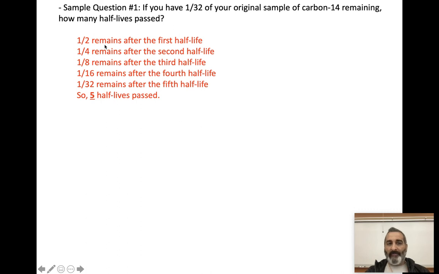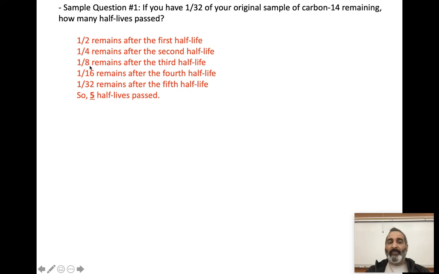After one half-life, half remains. So you start with 1, you divide it by 2, that's 1/2. That's the first half-life. Now we're not at 1/32, we're at 1/2 so far. Then you do it again. 1/2 divided by 2 again is 1/4. So 2 times 2 is 4. 1/4 remains after a second half-life. 4 times 2 is 8.